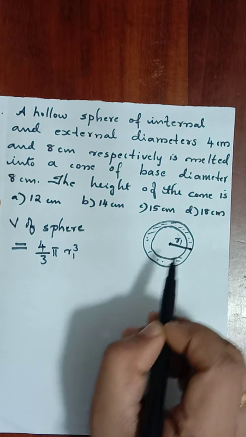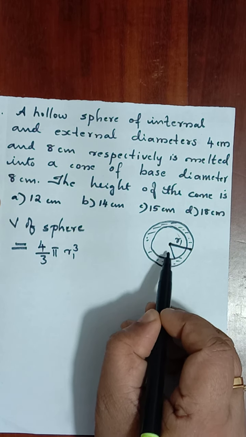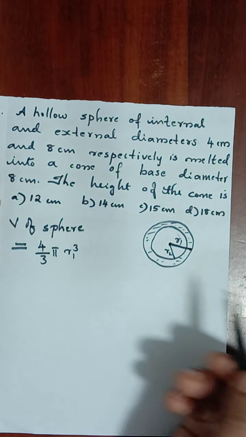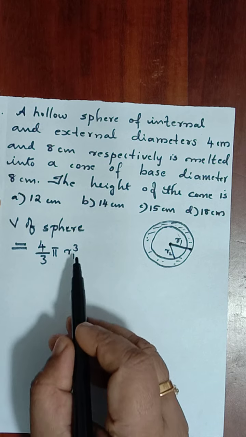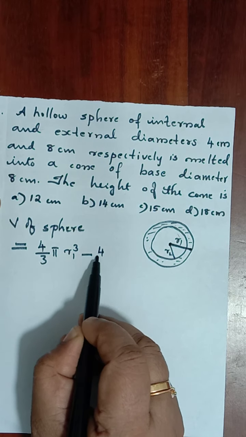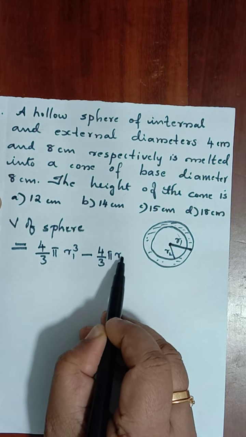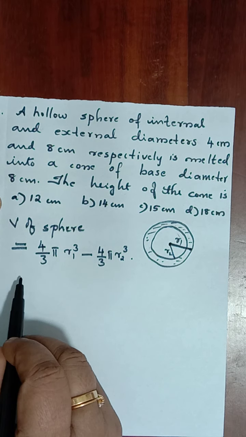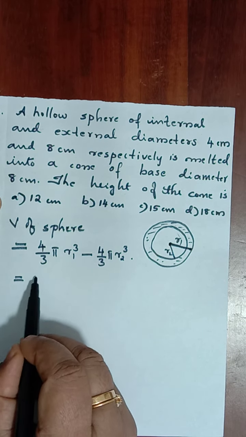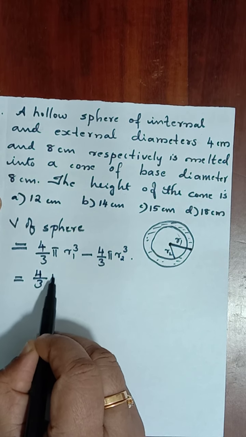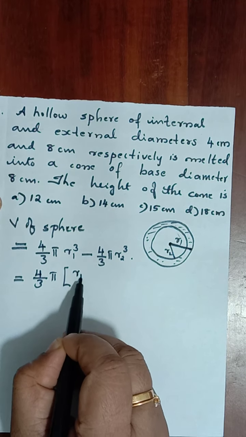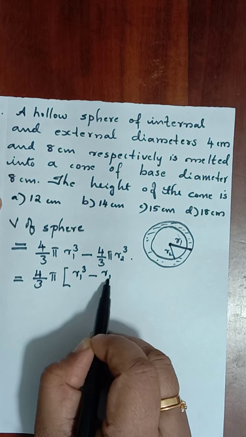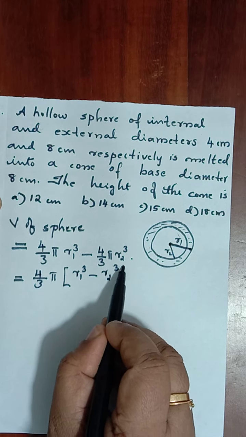R2 is the small radius to the inside. So 4 by 3 pi R1 cube minus 4 by 3 pi R2 cube. This is how we have to take. Let us take a common thing out. Here we have 4 by 3 pi times (R1 cube minus R2 cube).